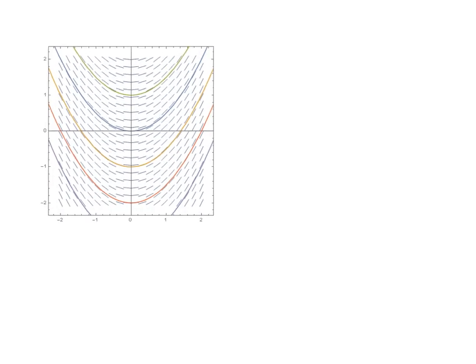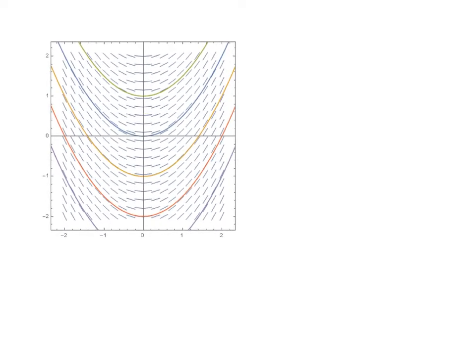So here's what we see. Okay, our slope field is dy over dx is equal to x.